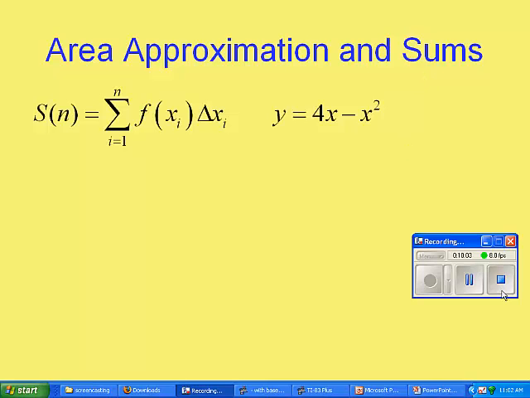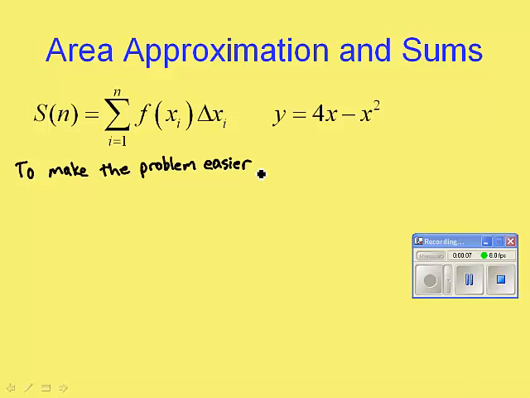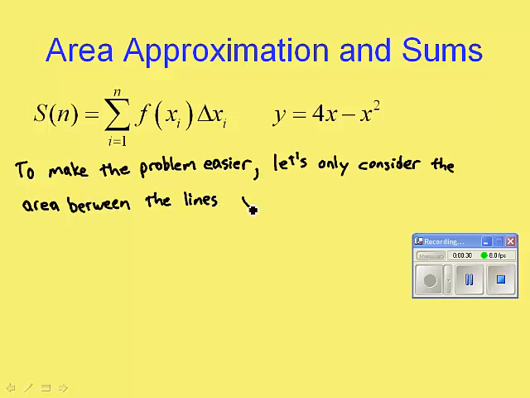And what I can do is, because this is a parabola, to make the problem easier, let's only consider the area between the lines x equals 0 and x equals 2.